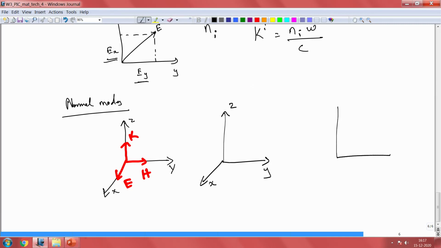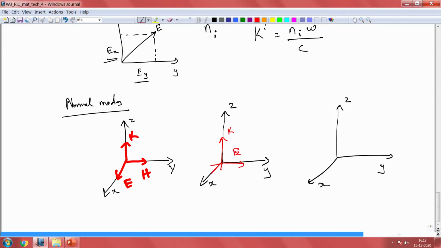And then one more scenario, let me put it so that I don't have to change again. So here the light still propagates through this K, that is your Z direction, but now the field is different.